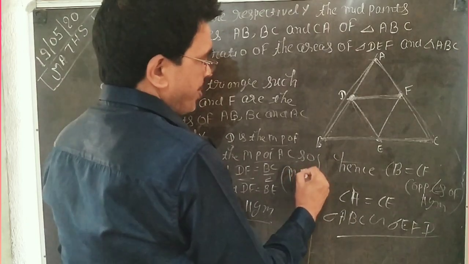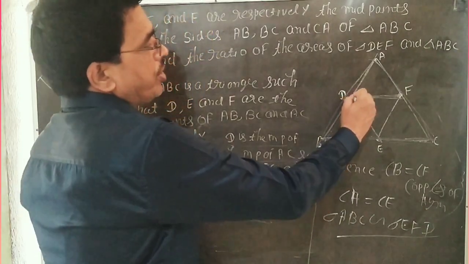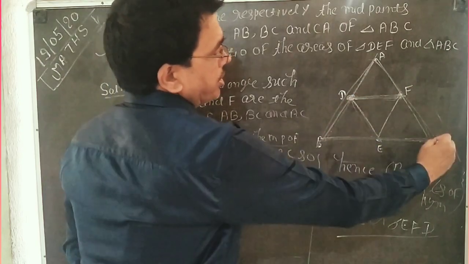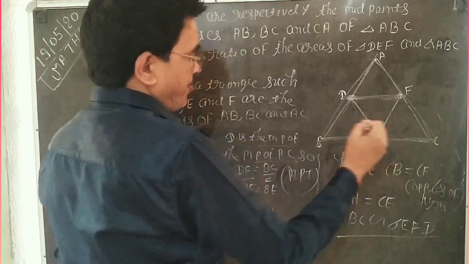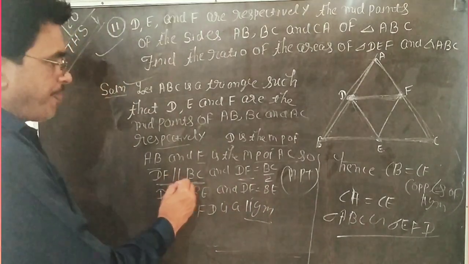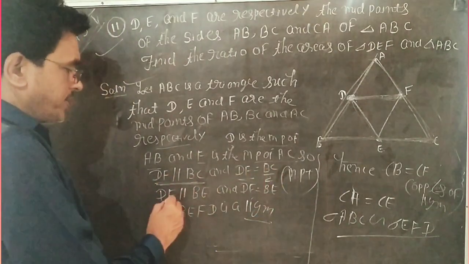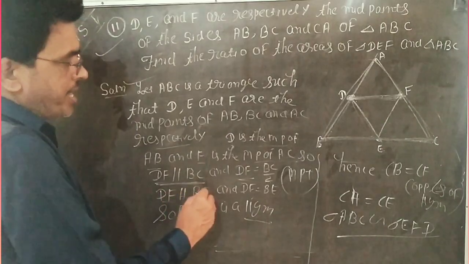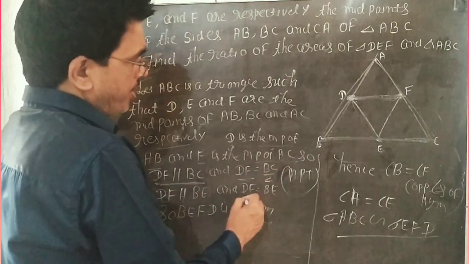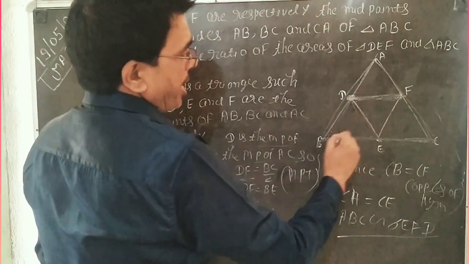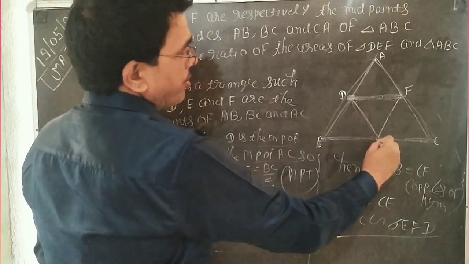By the midpoint theorem, if a line joins midpoints of two sides, it is parallel to the third side of the triangle and half of it. So I write DF parallel to BC and DF is equal to BC by 2. If DF is parallel to BC, then DF is parallel to BE and DF is equal to BE.